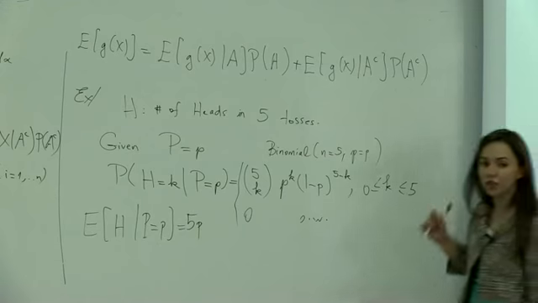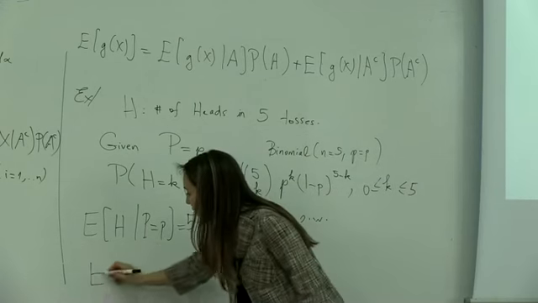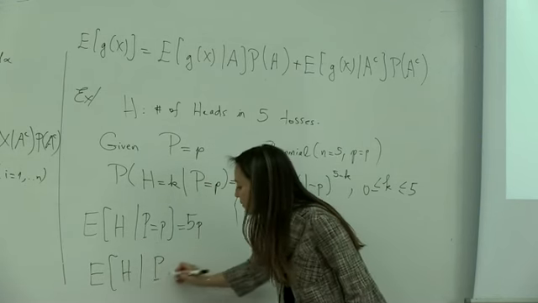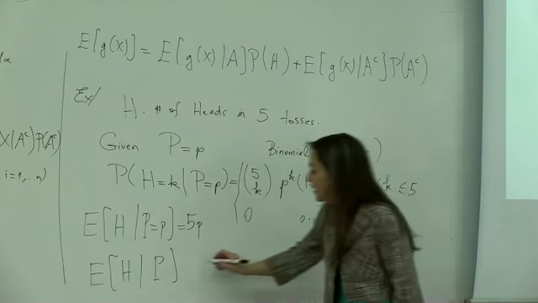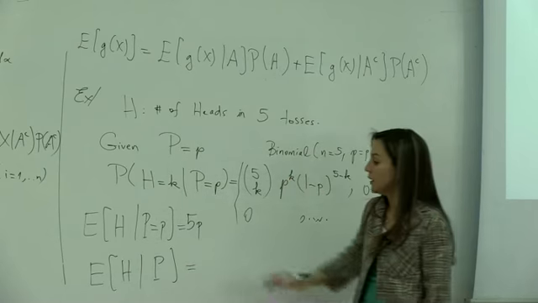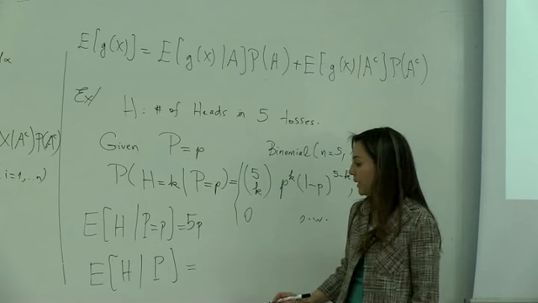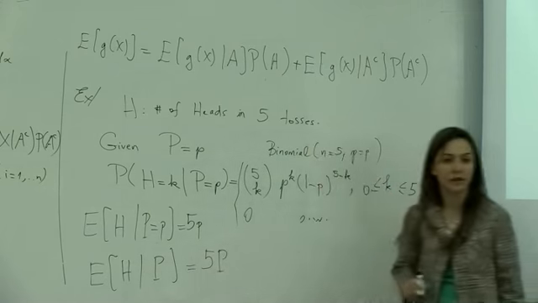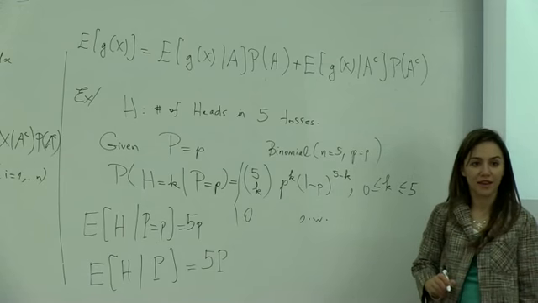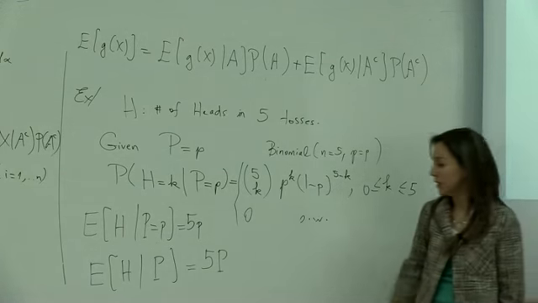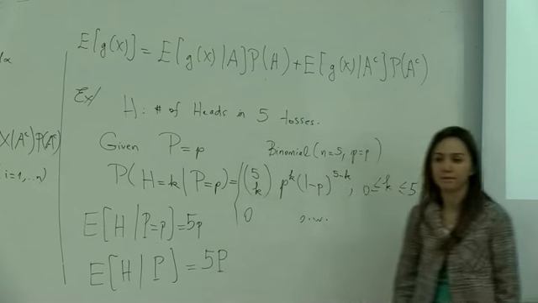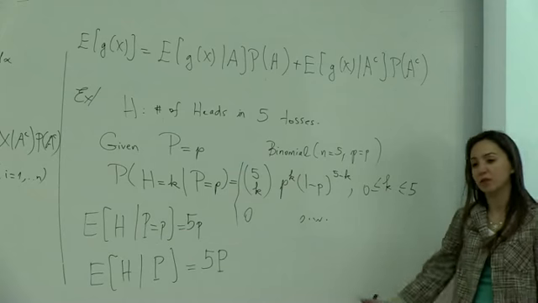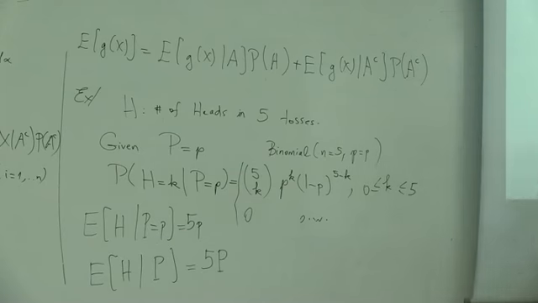But in general, when the probability of success is a random variable, big P, then I can write this expectation of H given P in terms of the random variable capital P. So this expectation is random. It depends on the success probability or heads probability.